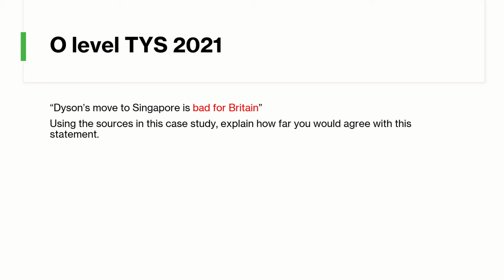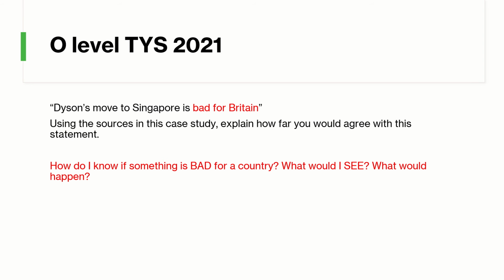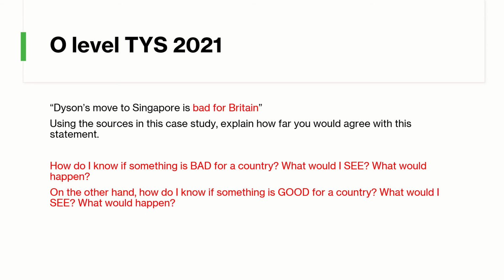So the key phrase you should highlight is bad for Britain. By unpacking bad for Britain, you need to ask yourself, how do I know if something is bad for a country? What would I specifically see? What would exactly happen? You need to write down specifically how you know that something is bad.